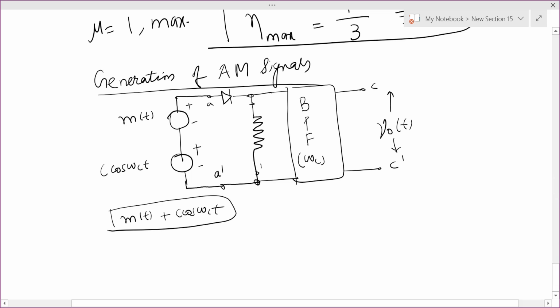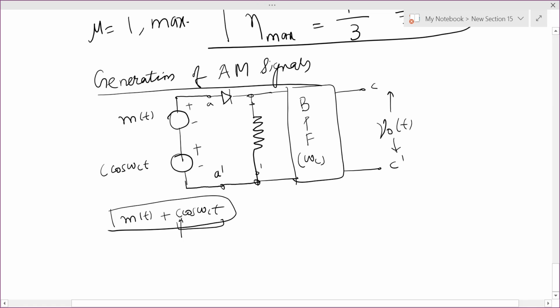Now we know that the message signal is a low frequency signal. The cosine part has a very high frequency, right? So the overall change of sign will be determined by the cosine part, not by the m of t part. Definitely we will keep C high. So the turning on and off of the diode will depend upon how fast the cosine signal changes its sign.